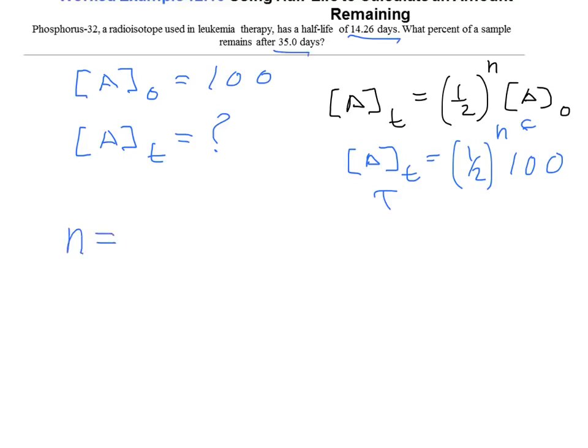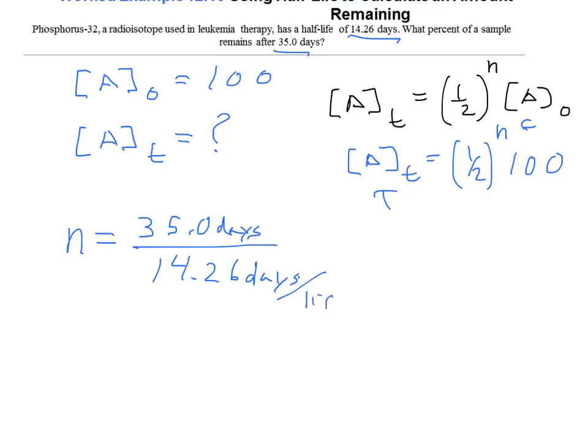So our number of half-lives would be our number of days divided by the number of days per half-life. So my number of half-lives is going to be 2.45 half-lives. So now I can plug and chug.